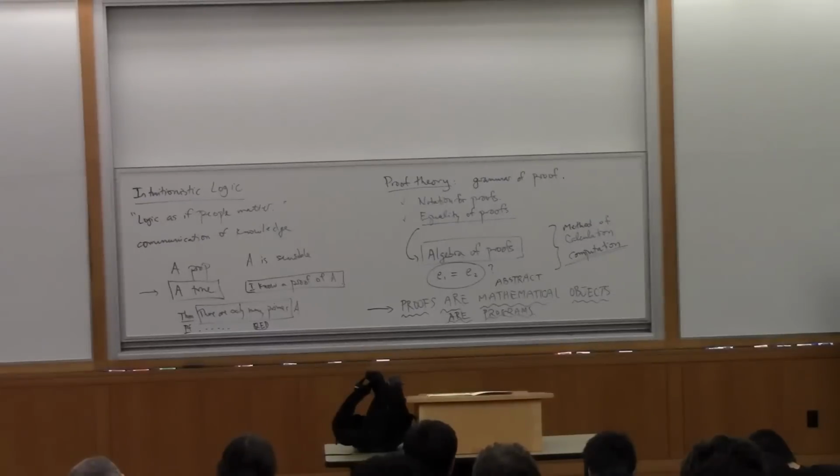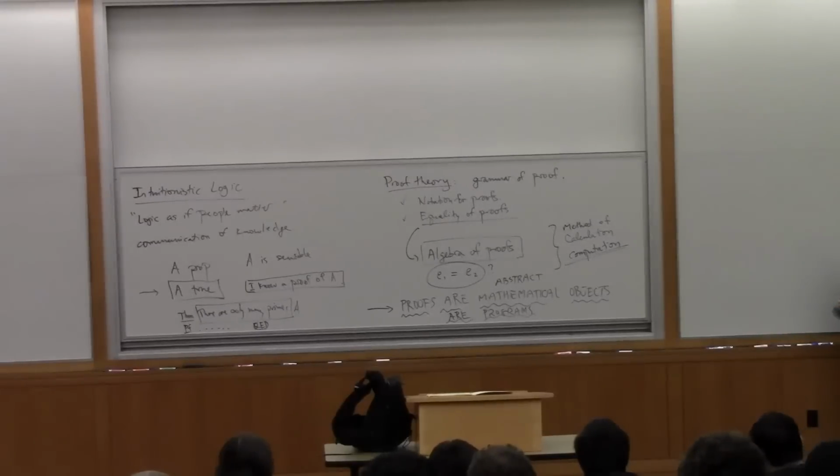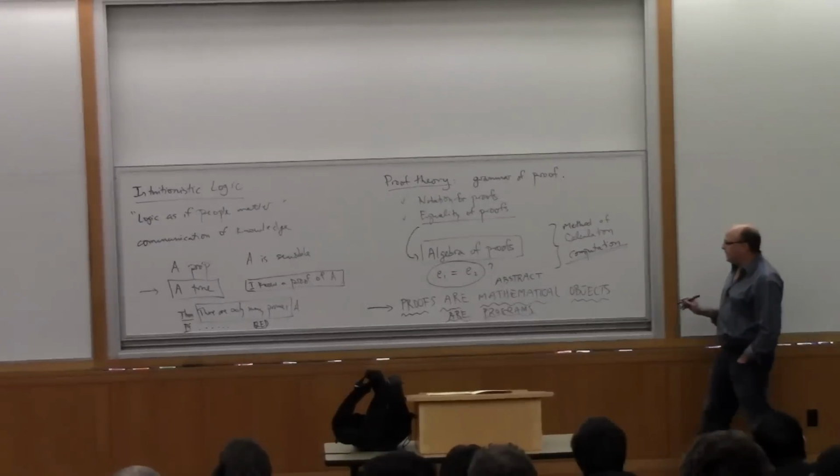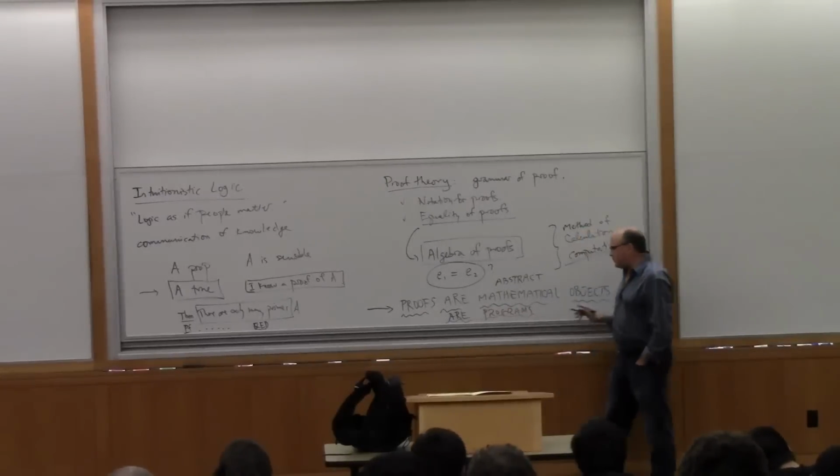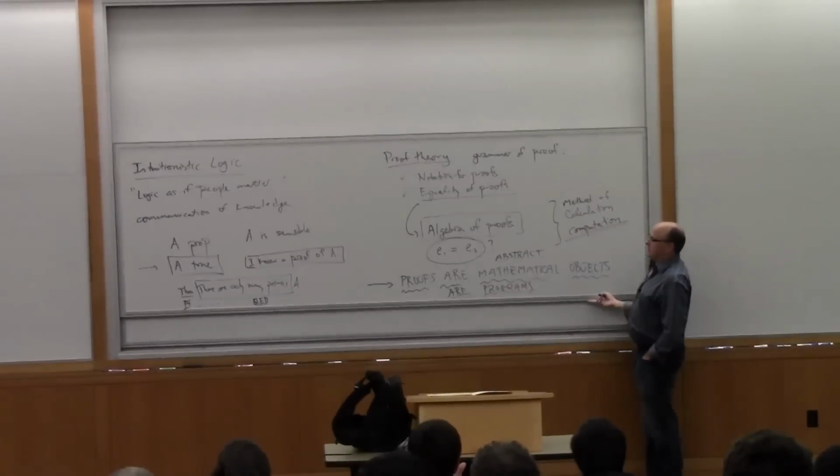To foreshadow a jargon I'm going to use a little later, they're programs in extension, or viewed extensionally, or as abstract objects. I'll explain later what that means. Excuse me if I'm being overly emphatic, but I do have to emphasize it's not an issue about quoting. It's really treating programs as abstract mathematical objects.